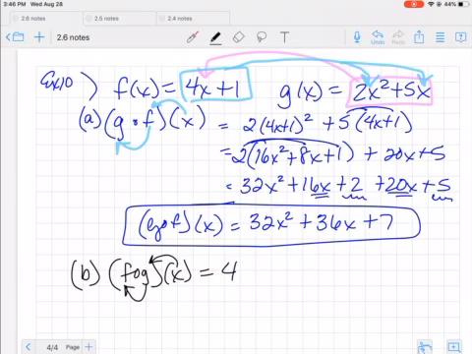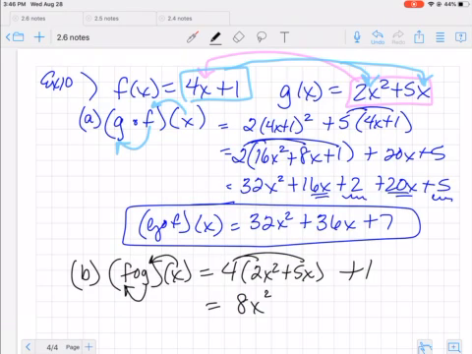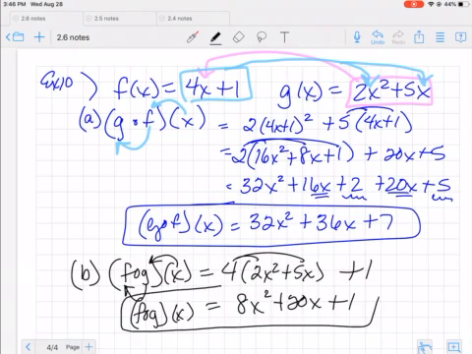So here it's nice, I only have one sub in. So I'm taking my g of x function, subbing that into my f of x function. And then you just simplify. 8x squared plus 20x plus 1. That one was a lot easier, right? Because I didn't have two x's to sub in, or something squared.